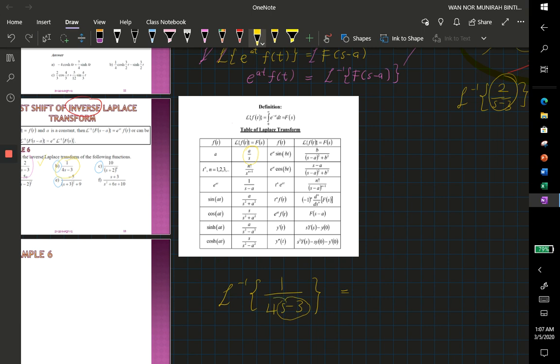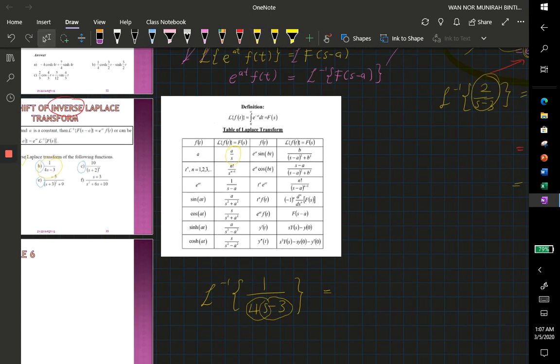But in front of your s, you have a coefficient, so you need to factorize the function first. So I have 1 over 4 times 1 over s minus, we cannot put 3, but we need to put 3 over 4, because the 4 here and the 4 here can be cancelled out so that you have the original function back.